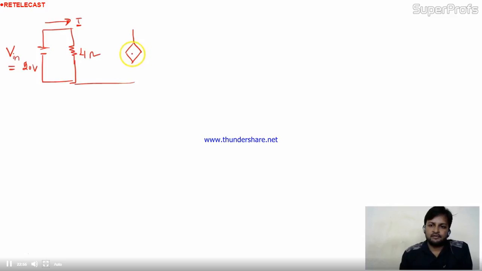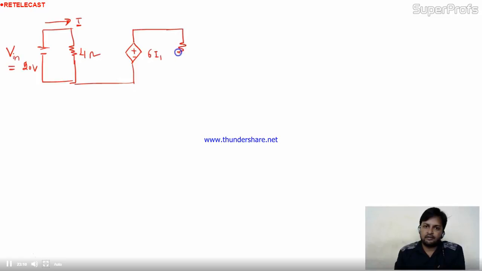This is the dependent source, a current controlled voltage source, because its value depends on the current. The very next resistance is 6 ohm, connected like this. The last part of the circuitry is the dependent current source, 4 I2.